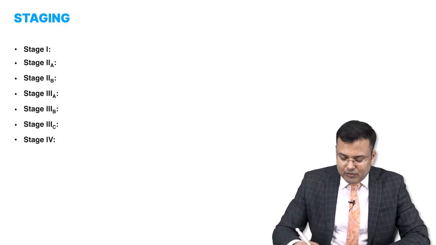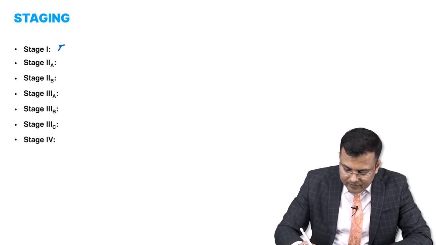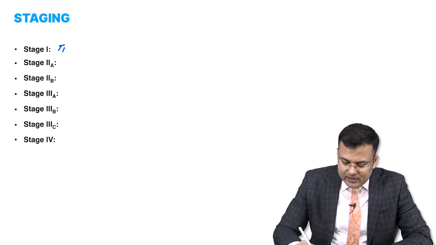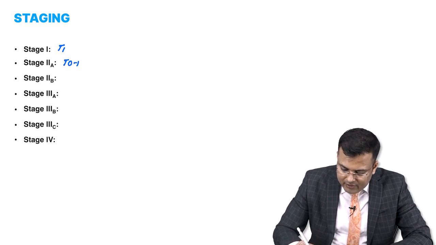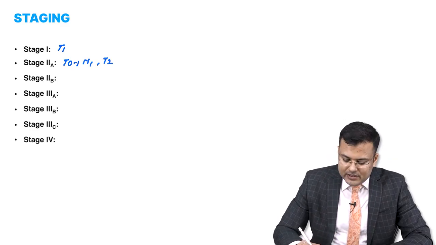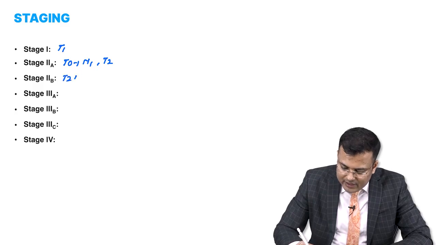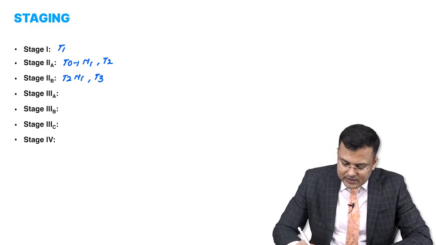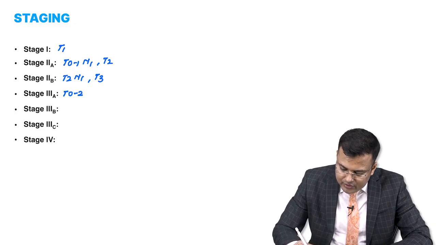So see, what is stage 1? Stage 1 is T1. Stage 2A is T0 to 1 N1, and T2. Stage 2B is T2 N1 or T3. Stage 3A is T0 to 2 N2, and T3 N1 to 2.